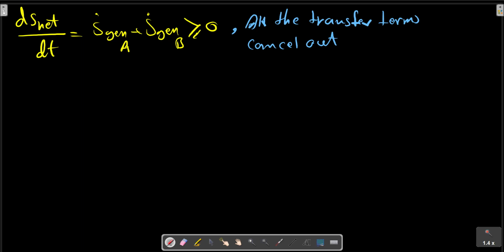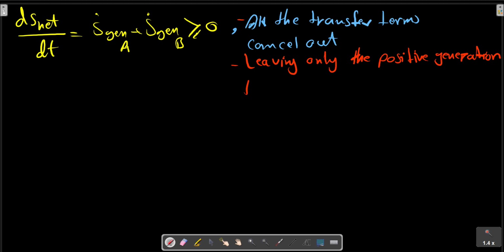Leaving only the positive generation terms for each part of the world.